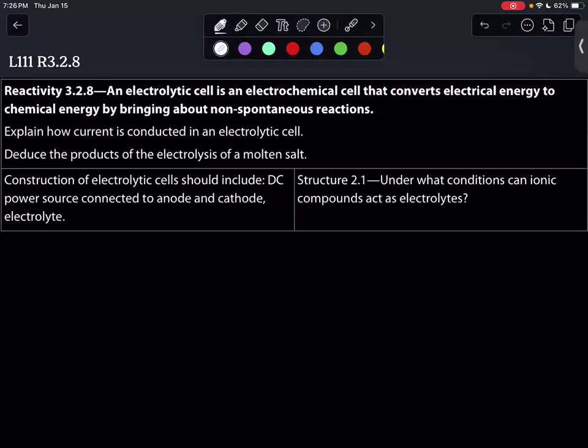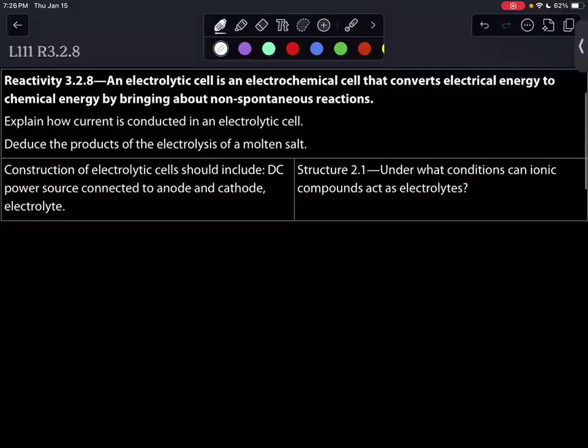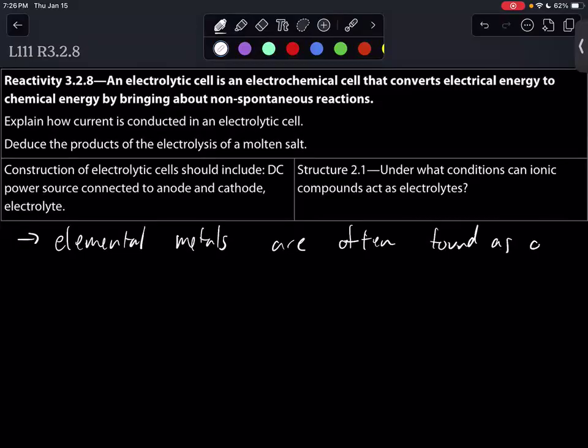So when we look at electrolytic cells, we look at where they're used. One of the common places is when we take elemental metals. Elemental metals are often found as ores, and in that state, they are in ionic salts.